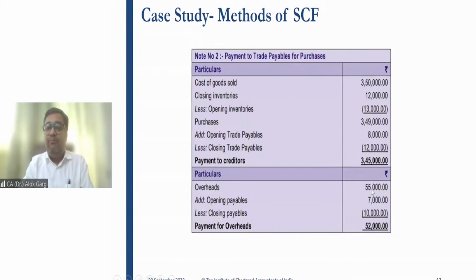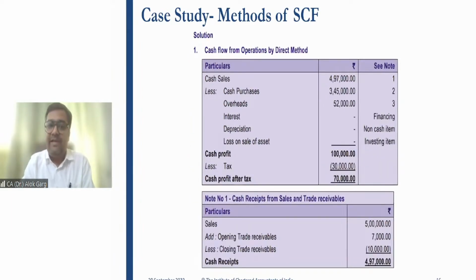So my purchases is 3,49,000. My opening creditor is 8,000, but my closing creditor is 12,000. It means net, the amount I have paid to creditor is 3,45,000, right? Is that clear? So friends, my cash purchases is 3,45,000, which is coming from note number 2.